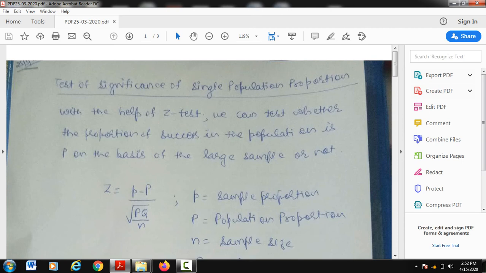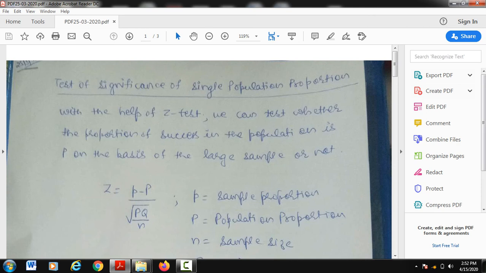If I want to check whether this particular sample is taken from a population having a particular mean or a particular standard deviation, or if I want to check whether the difference between the means of two samples is significant or not, or the difference of standard deviations of two samples is significant or not, or the difference of population proportions is significant or not, in that case we use the Z test.